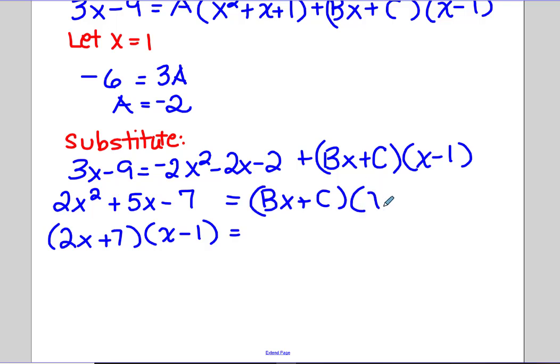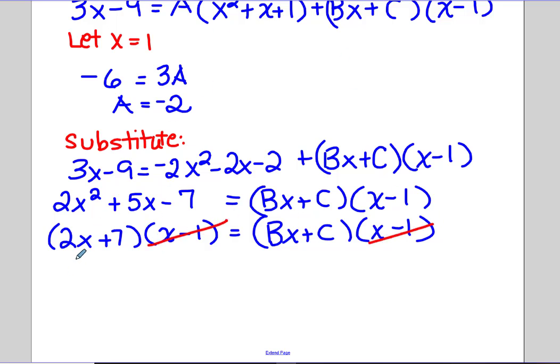Because we have x minus 1 here, so we can cancel or eliminate that common factor on both sides. And this will be pretty easy. So 2x plus 7 is equated to Bx plus C, which tells us 2 is B and 7 is C.